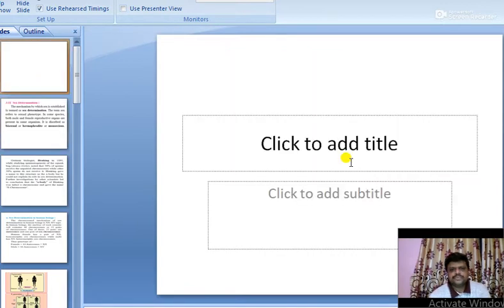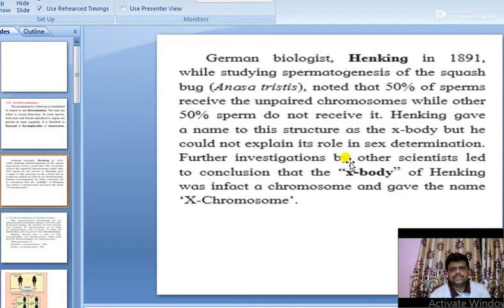Let us see the basic study done by German biologist Henking in 1891 while studying the spermatogenesis of the squash bug, Anasa tristis. He noted that about 50% of the sperms receive the unpaired chromosome while 50% of sperms do not receive it.